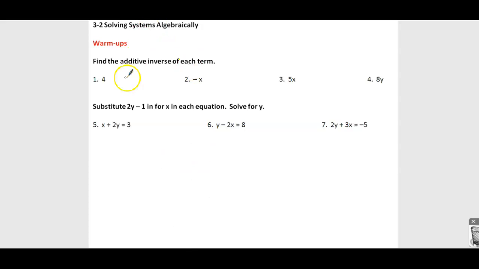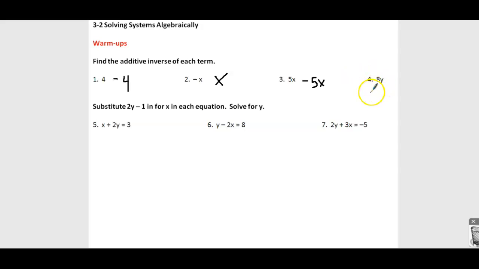So the additive inverse of 4 is negative 4. The additive inverse of negative x is positive x. The additive inverse of 5x is negative 5x, so that when you add them together, they equal 0.